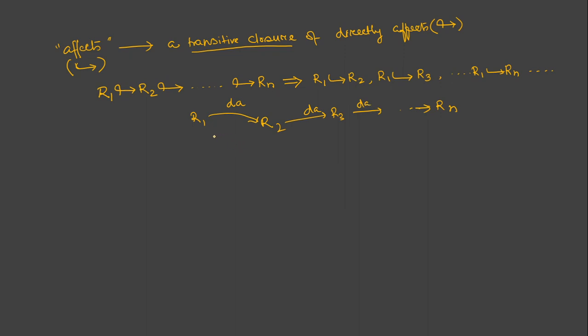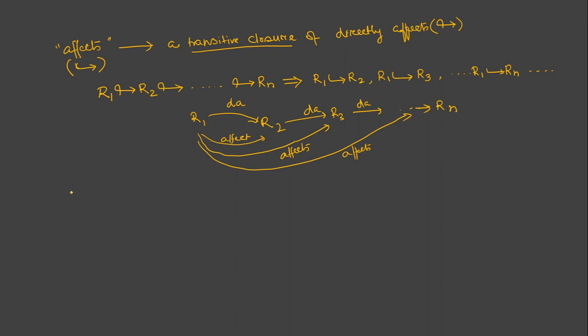And the transitive closure gives you the affects relationship: R1 affects R2, R1 affects R3, R1 affects Rn. So this is what we mean by transitive closure. Basically R1 affects every other relation in the chain, right?